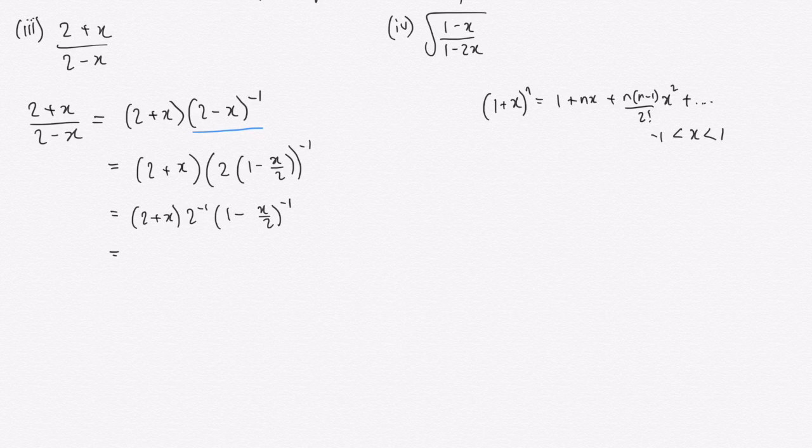2 to the minus 1 is a half, so this is a half of (2 plus x), lots of (1 minus x over 2) to the minus 1.